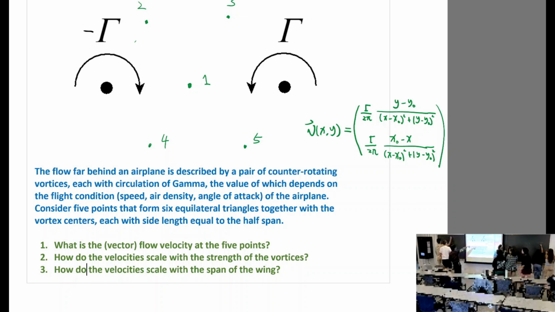Sorry, so I think I had a sign error in the formula, right? According to this, this is actually a formula for a clockwise rotating vortex, because the x velocity is going to be positive for positive y, which is correct for this one, but opposite for this one. So the correct formula is actually the opposite. We should have y0 minus y for the x velocity and x minus x0 for the y velocity.